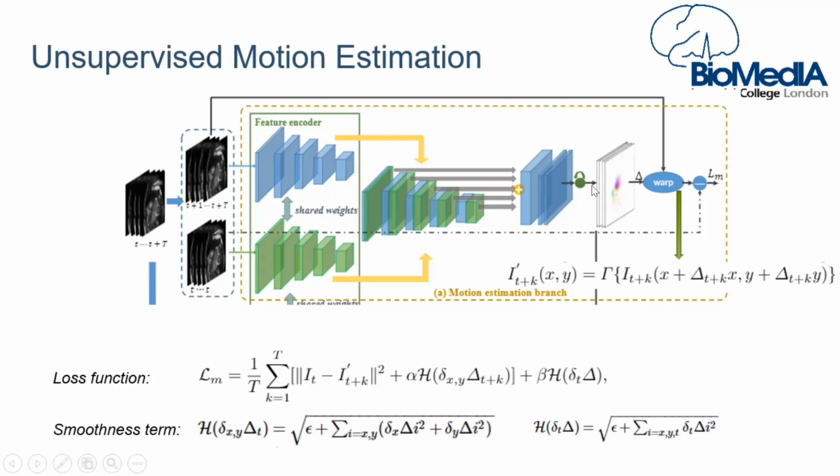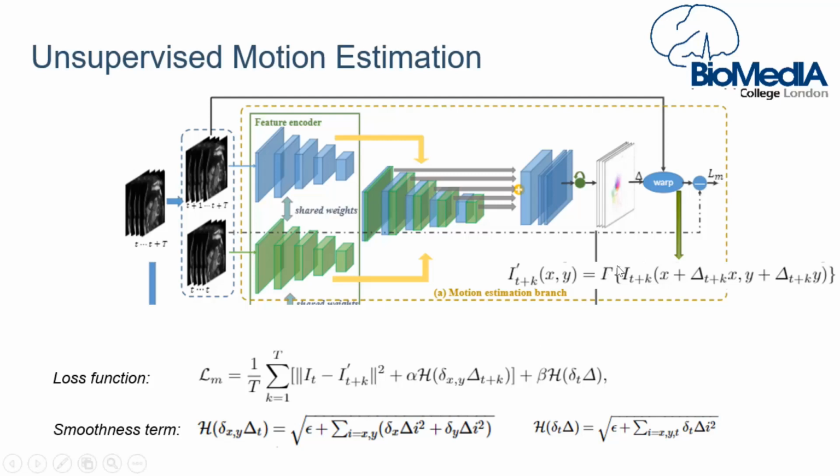This is followed by a convolutional recurrent unit that propagates information along the temporal dimension, because we are dealing with image sequences. Finally, after estimating the displacement field, a bilinear interpolation sampler transforms the source frame to the target one. This function is the transformation, where gamma is the bilinear interpolation.